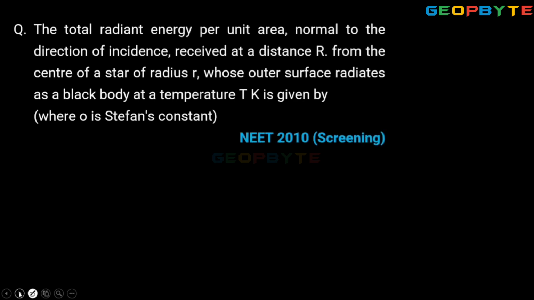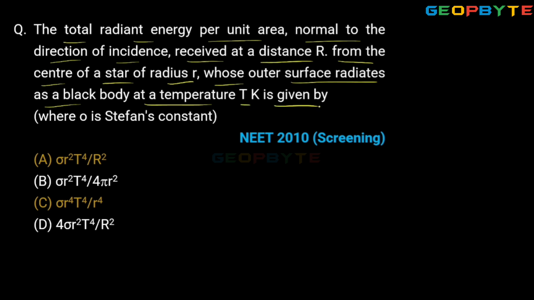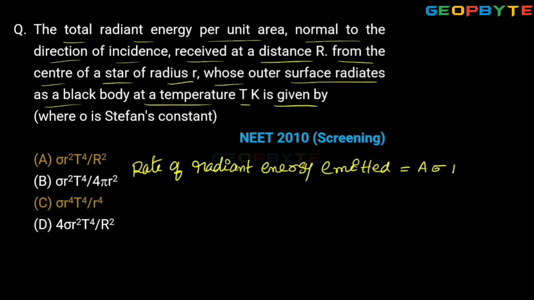Similarly, let us take another important problem. The total radiant energy per unit area normal to the direction of incidence received at a distance of capital R from the center of a star of radius small r, whose outer surface radiates as a black body at a temperature T Kelvin, is given by, according to Stefan's law, the rate of radiant energy emitted equals A into sigma into T power 4.